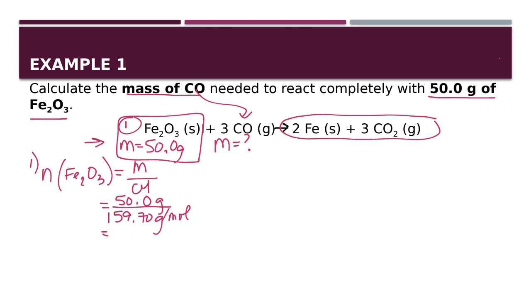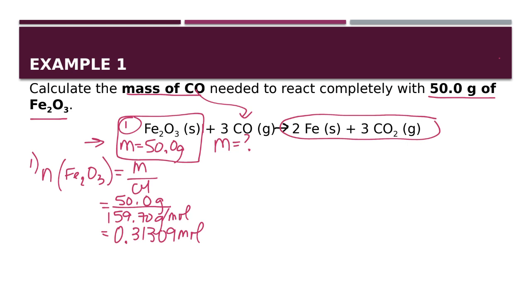I only have 50 grams. This works out to be 0.31309. So again, as we move through multi-step questions, don't round to significant figures. Hang on to everything in that calculator display, but write down values that have 4 to 5 decimal places.